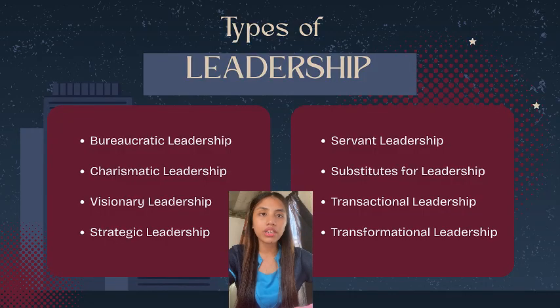Next is visionary leadership, focused on seeing future possibilities and creating opportunities for growth. Strategic leadership uses the manager's strategic vision to motivate others and manage employees efficiently. Servant leadership focuses on serving others.